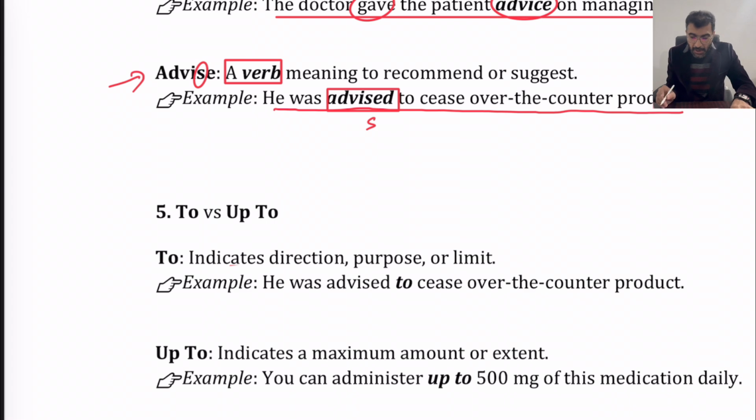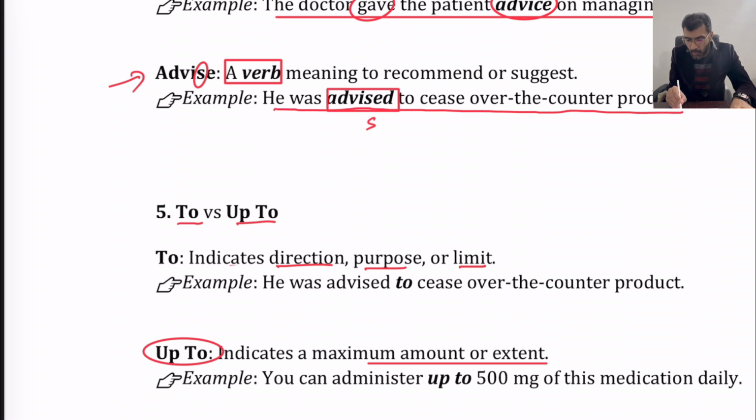Next commonly confused words are to and up to. To indicates direction, purpose, or limit, and up to indicates the maximum amount or extent.